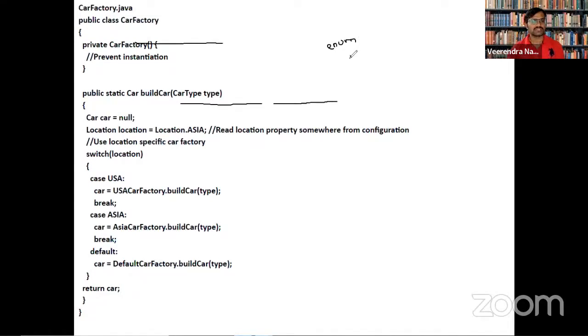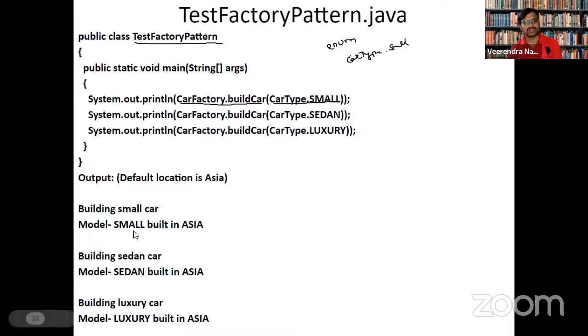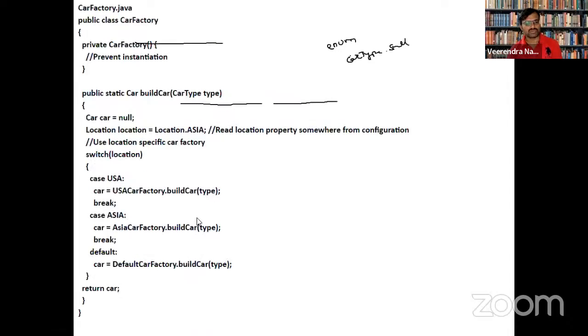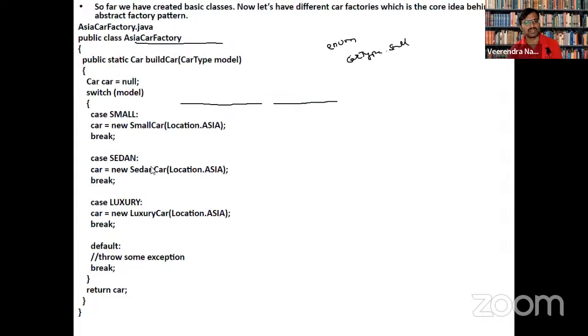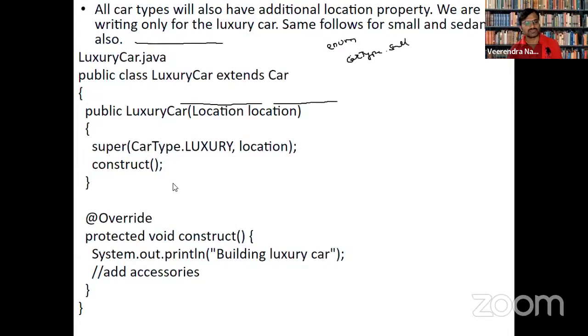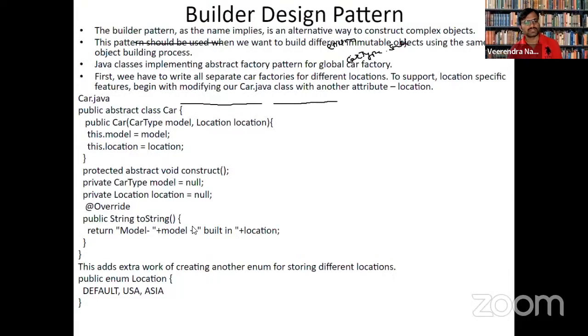So car type dot small means you are going to go for the small car. So small car enum, and then small built-in model, small built-in Asia. How are we going to get this? We are going to get this with the implementation of this.